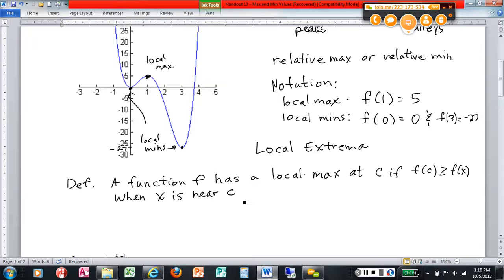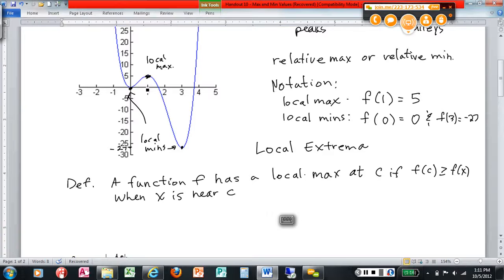Okay, well, what that means is our C value here in the case above is 1. That's C. That's where we're saying our local max is at, the x value. And doesn't that make sense? Don't we have that the function value at 1 is greater than or equal to every function value around it?